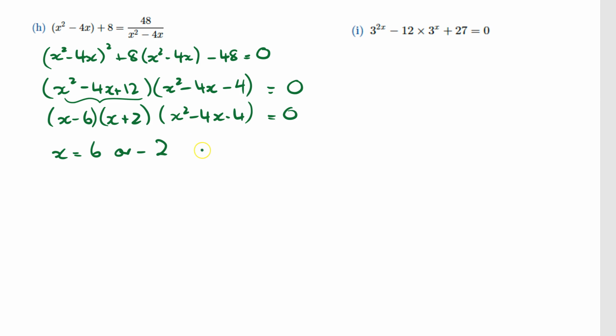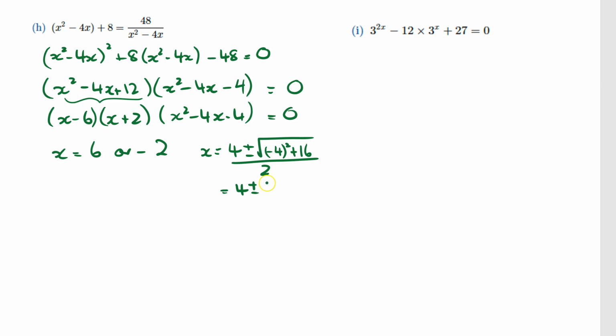But for this one here, x will equal, now I have to go through my full quadratic formula. So minus b, so minus minus 4, plus or minus the square root of b squared, as we said, minus 4 squared, 16, minus 4 times minus 4, which is that, over 2a, so 4 plus or minus root 32.